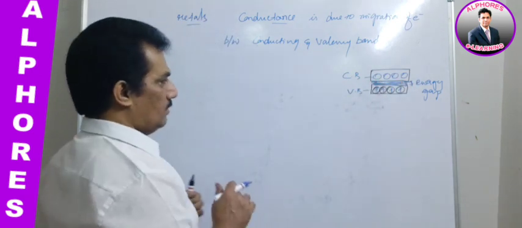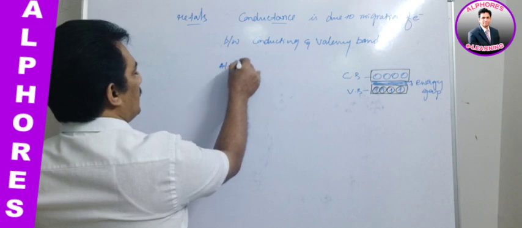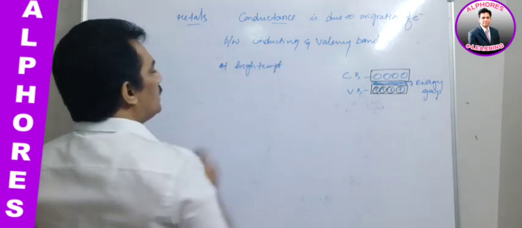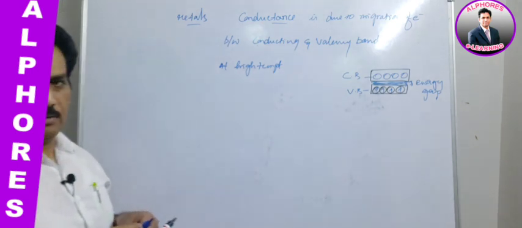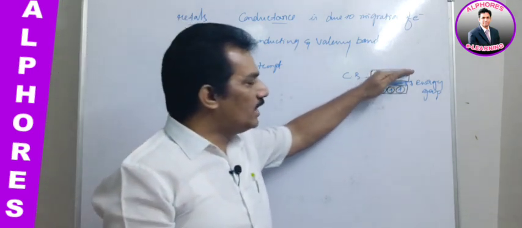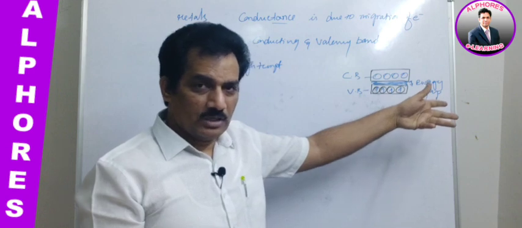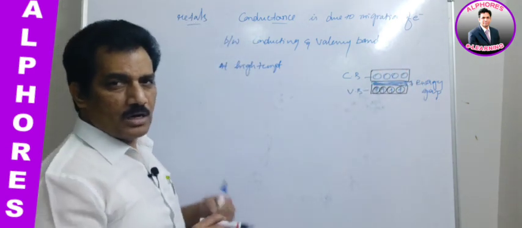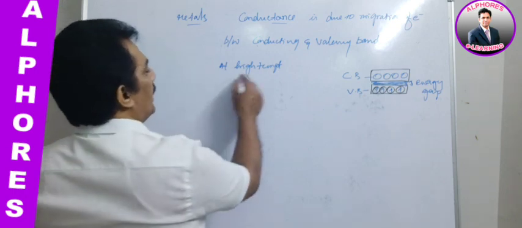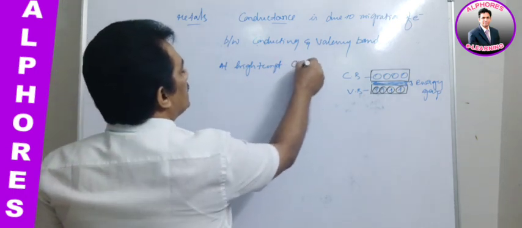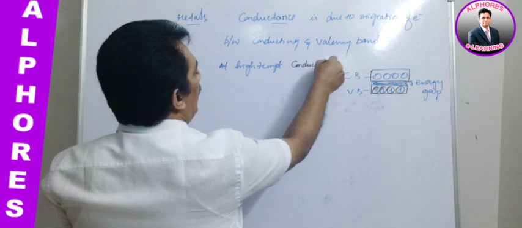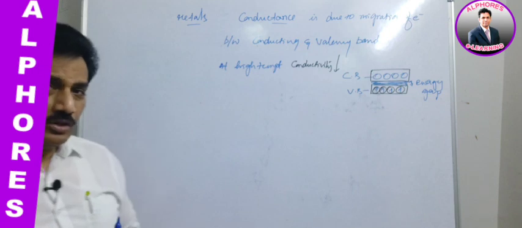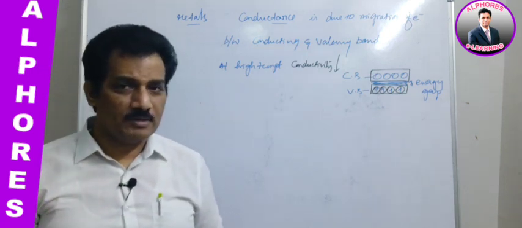Clear? But at high temperatures, what happens? Generally when the temperature increases, the migration of electrons should increase. But here, for the migration of electrons, there is no need of temperature. Then what happens? Remember, it is a peculiar phenomenon observed in metals: at high temperature, the conductivity of metals slightly decreases. Do you know the reason from your physics?